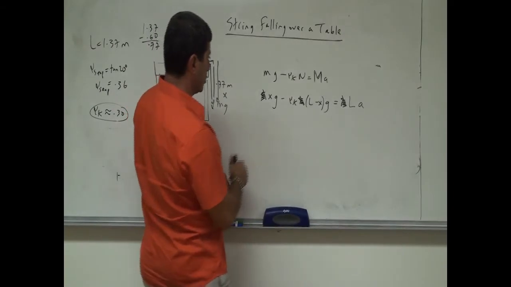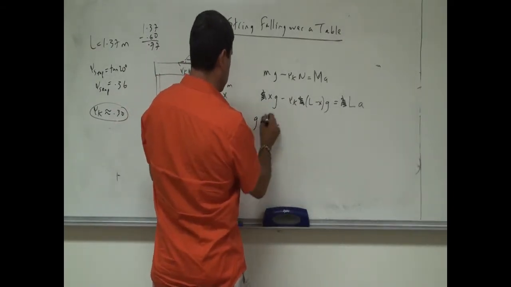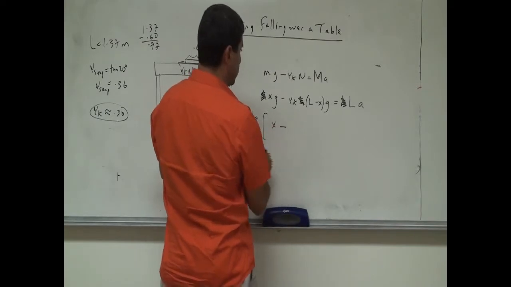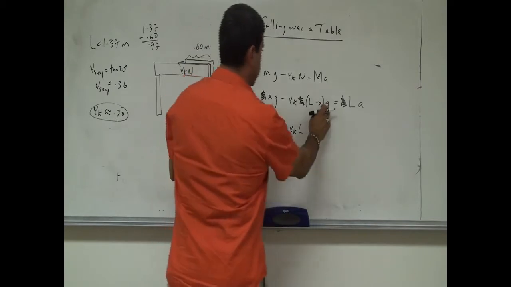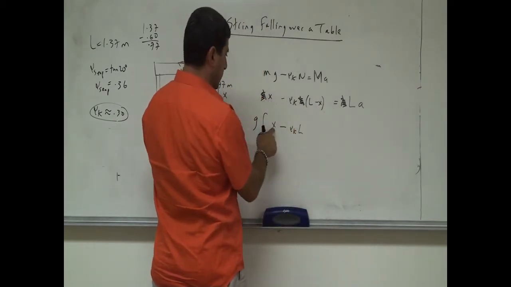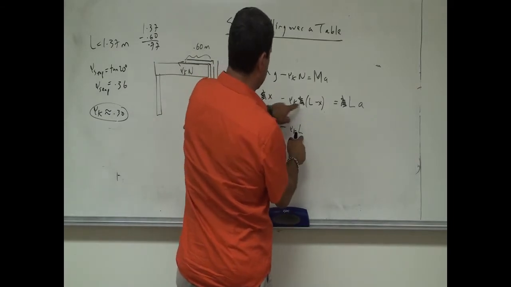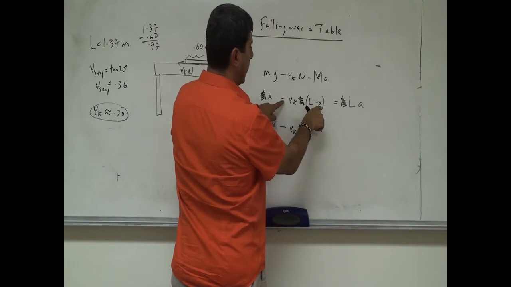And then we get an equation here. We can factor out the g. Then we get x minus mu k L, and then the minus mu k multiplies by the minus x.